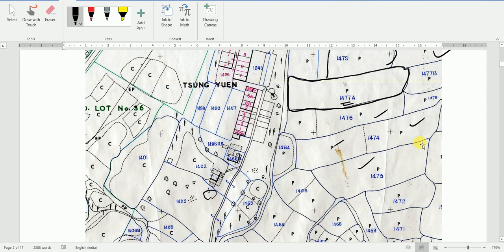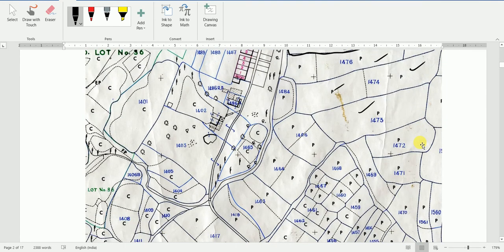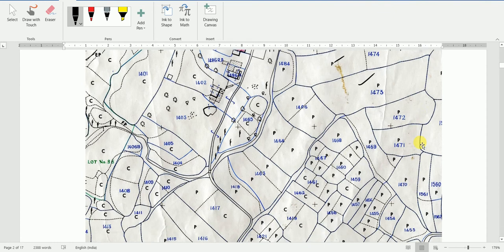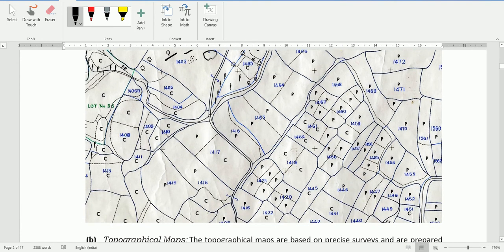So this is what we call a cadastral map. Everything is shown in detail here: trees, public features, playgrounds, roads, culverts. Almost all the important features are shown on this type of map, that is the cadastral map.